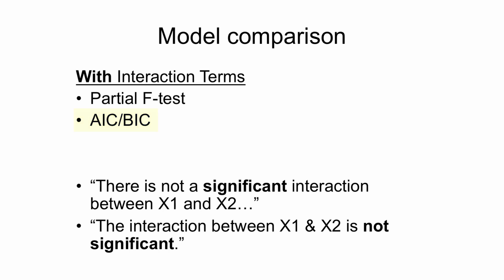If including the interaction term lowers the AIC or BIC of the model, this provides evidence to keep the interaction term in the model. But the partial F-test allows you to assess if an interaction term significantly improves the model predictive power. If this is not significant, you would state that you fail to reject the null hypothesis and have evidence to suggest that the model which includes the interaction term is not significantly better.